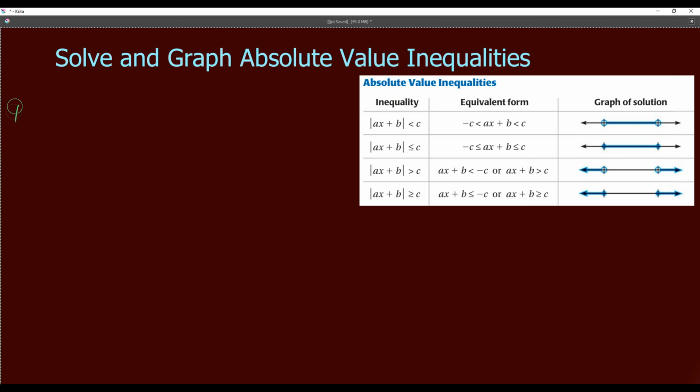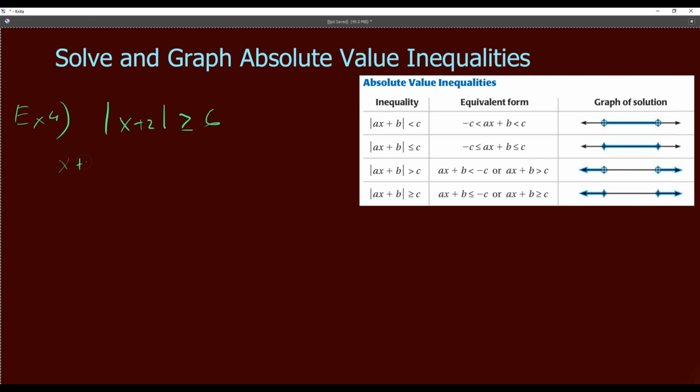Last example. I have absolute value of x plus 2 is larger than 6. Greater than means or, right? So I have to split them into 2. So let's make this equal to. Alright, so split this into 2.